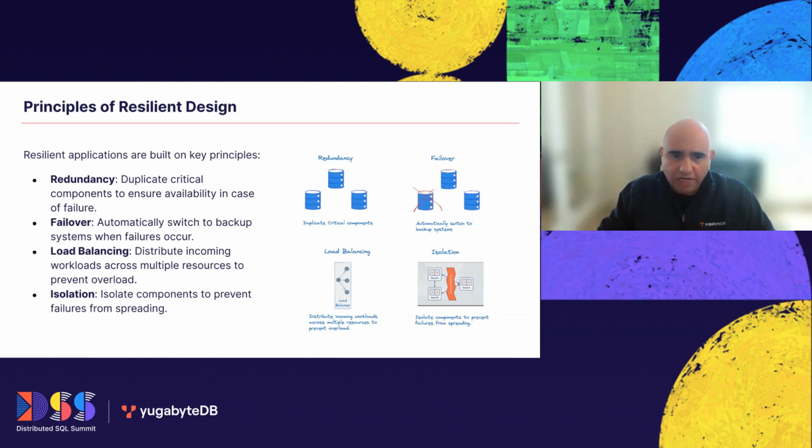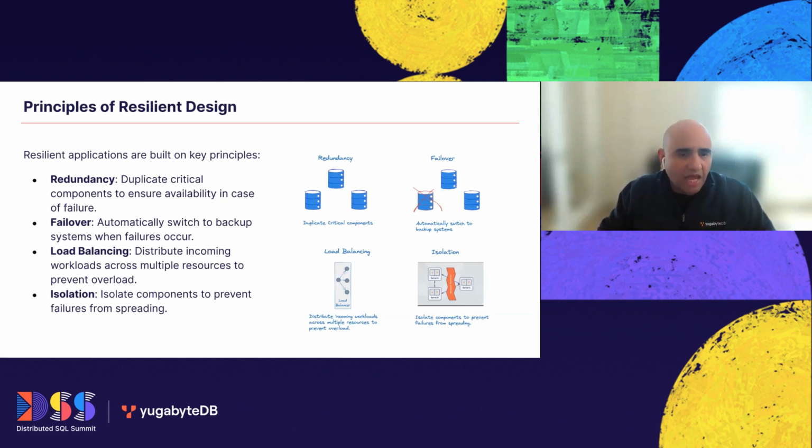Number four, isolation. In the world of resilience, isolation is like having firewalls that prevent fires from spreading. It isolates components so that if one fails or becomes compromised, it doesn't bring down the entire system. It's like containing a small fire before it engulfs an entire forest.